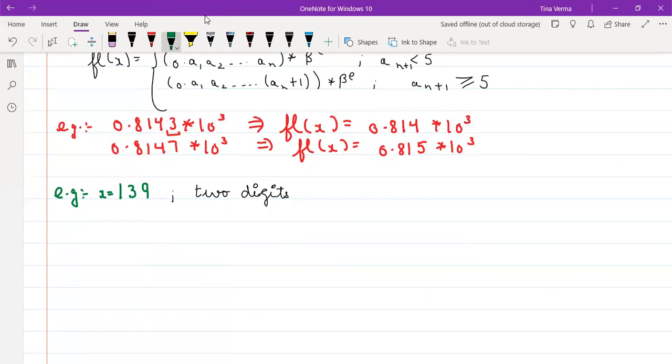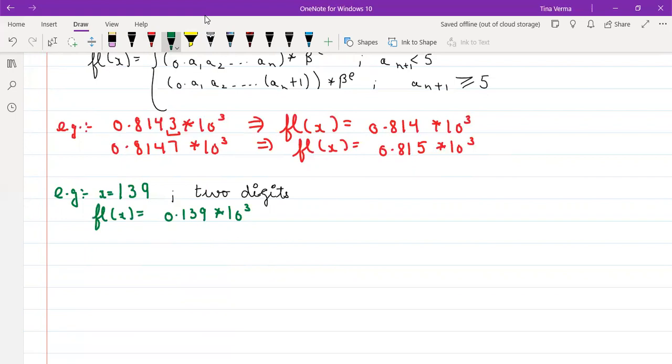The best way, because sometimes you have read 0 as a significant digit and that should not be considered, is to convert this number into the floating point representation. What will be its floating point representation? 0.139 into 10 raised to the power 3.